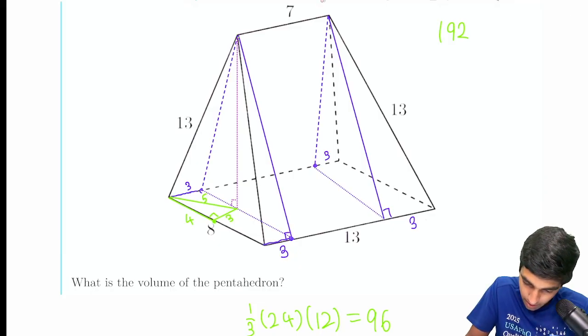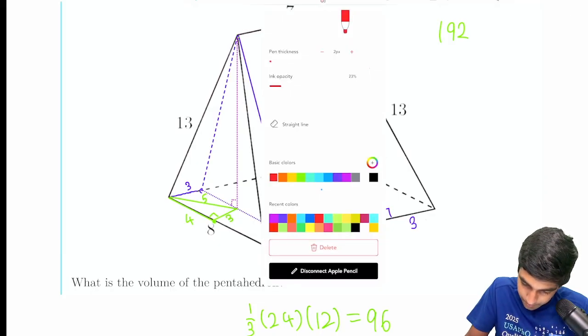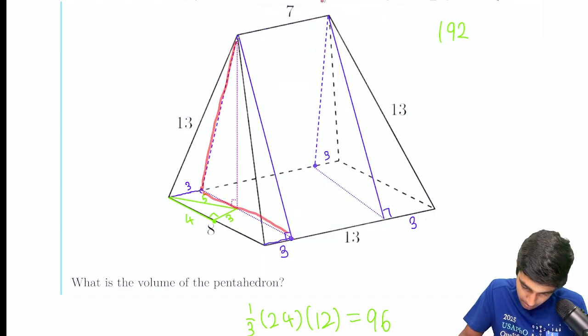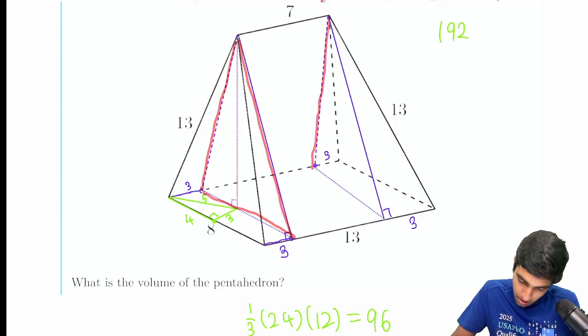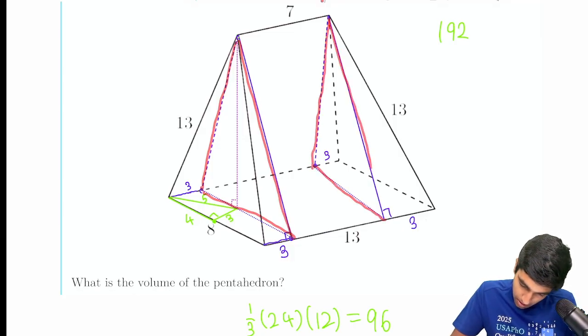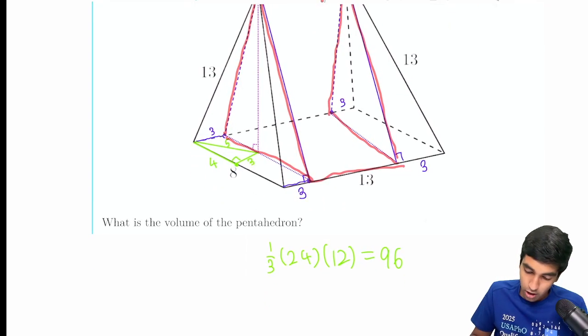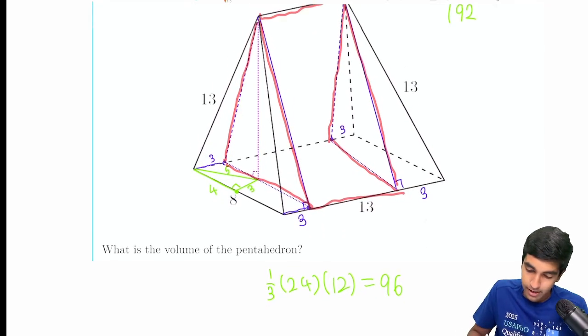Let's highlight it to make it absolutely clear. We have this prism with these two as the bases, and this is one of our heights, and that's one of our heights. The volume of this prism is just the base area times the height.